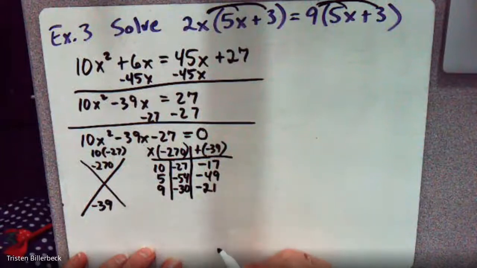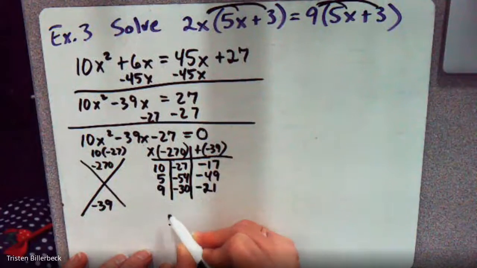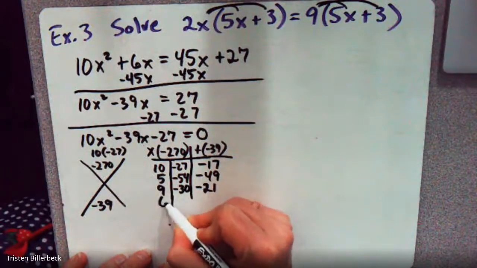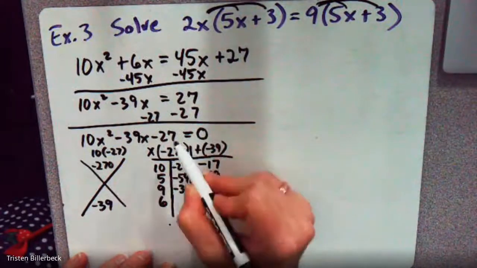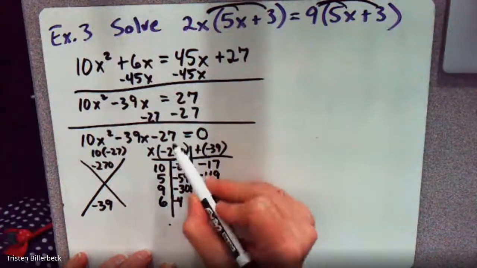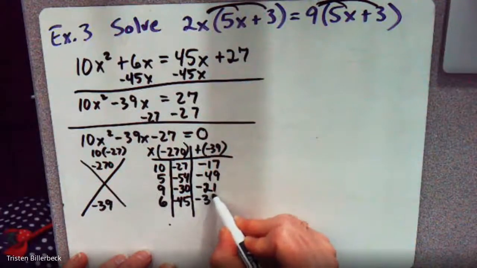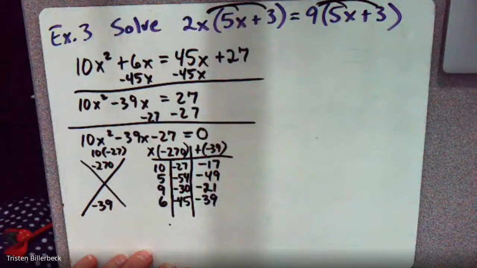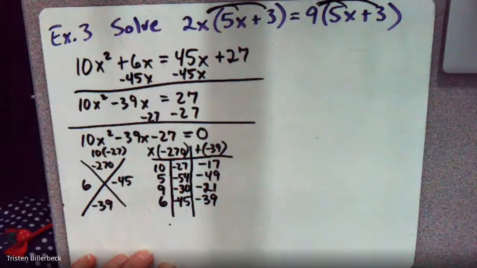Okay, so if we look at the factors that we're dealing with, 6. Let's try 6. Okay, so if we divide this by 6, we get negative 4, 24, 30, 45, and there we go. That one took a little bit, eh? So that's 6 and negative 45. Okay, so we finally found it.